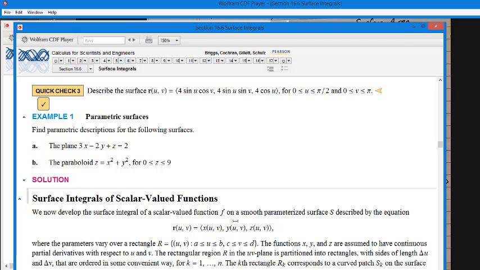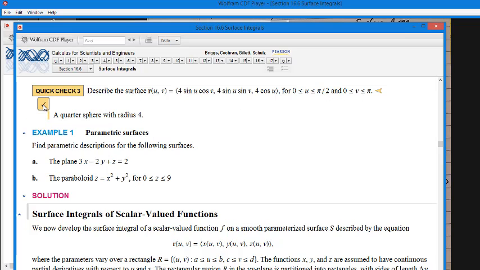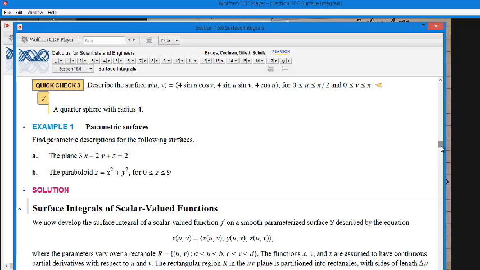And then the U and V are the phi and theta. Notice it said a quarter sphere. Why does it say a quarter sphere? Because normally U's taking the place of theta, right? And so if you only go from 0 to pi over 2, you're going to get a quarter of a sphere. That's kind of interesting.